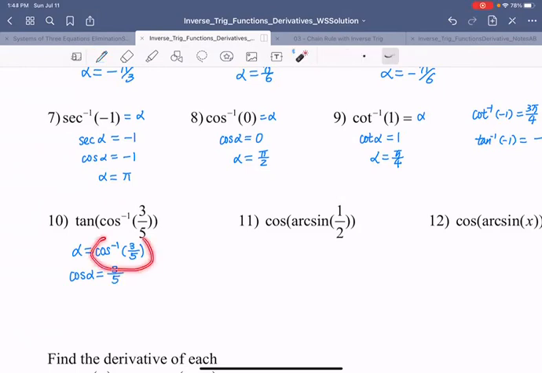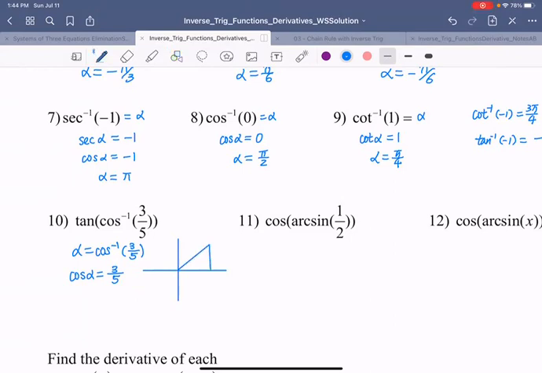Cosine inverse is between 0 and pi. So cosine alpha equals 3 over 5. This angle has to be in quadrant 1, correct? Yes. If this guy is in quadrant 1, we can draw a terminal side going like this.